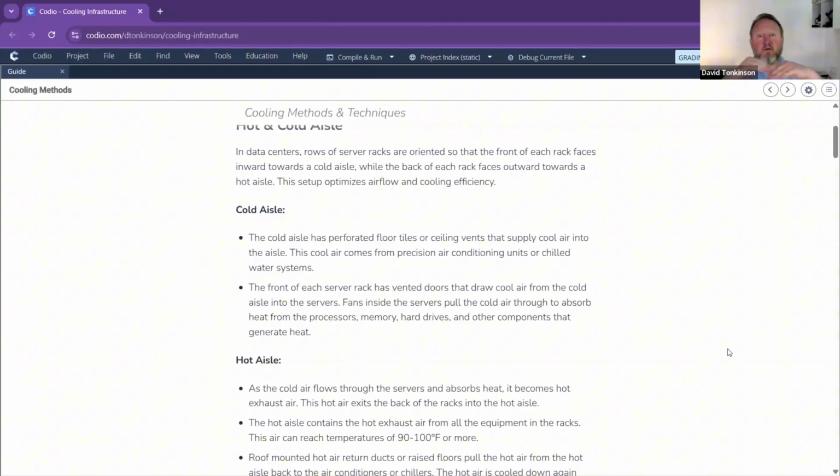So you have a perforated floor grid in the middle of the aisle, and you have racks on the left, racks on the right, because it's not just servers. And all that cold air that we've now produced, that we're going to chill everything out with, gets blown up from underneath you. And if you are stood in a cold aisle, yes, you are freezing. It's not totally freezing, but it is pretty cold.